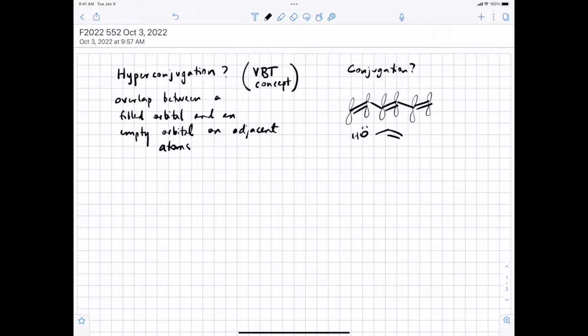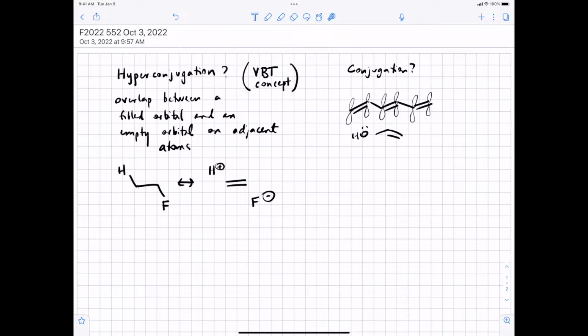First, originally hyperconjugation was the idea that in a system like this you could have a no-bond resonance structure that looked like this. You don't move any of the bonds or any of the atoms, you just move electrons around.